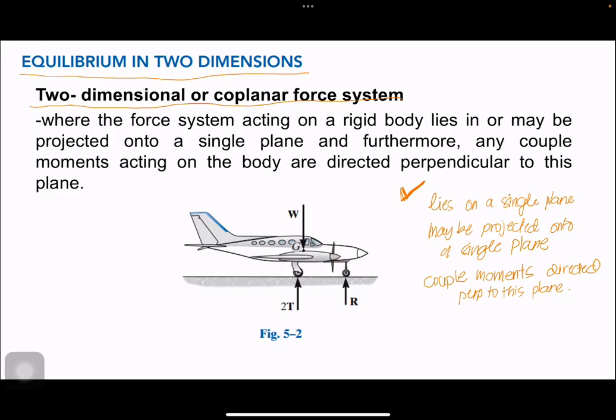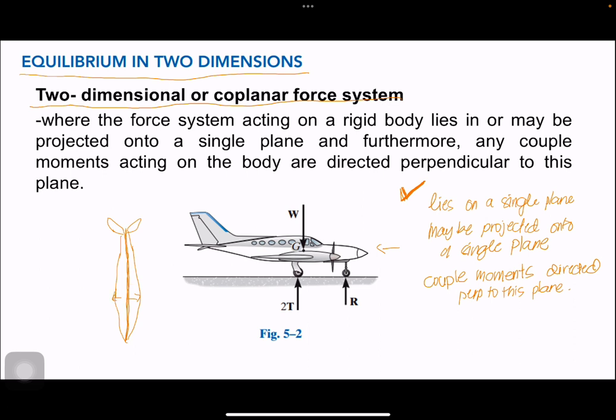If you look at it in the front view here, you will see that it has a plane of symmetry. We can cut it along the center axis, and you will see that it is symmetrical. Everything to the left is the same as to the right of this center axis.